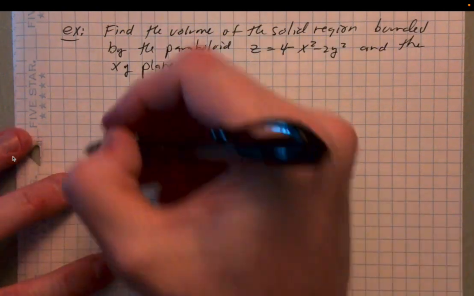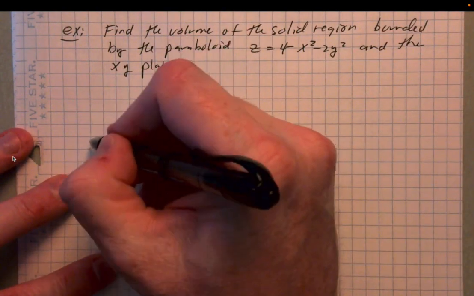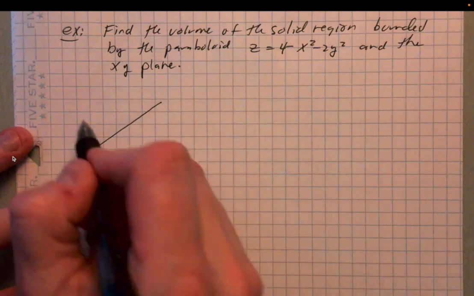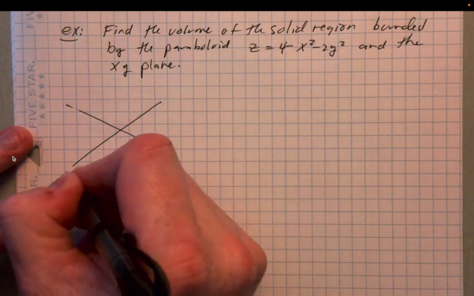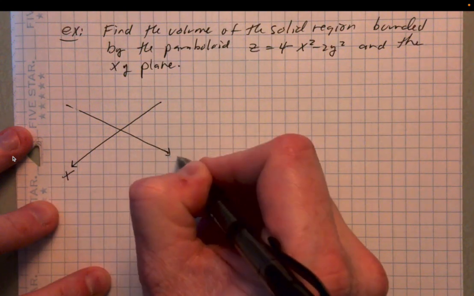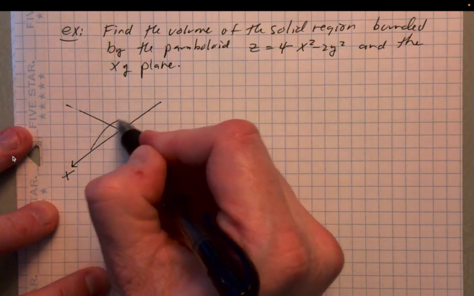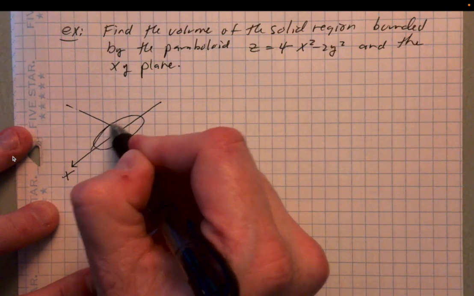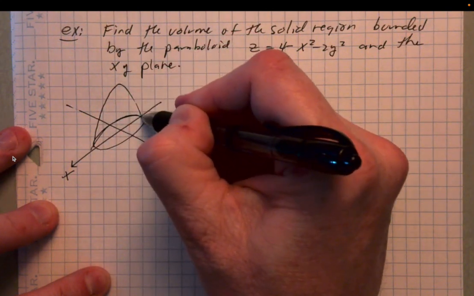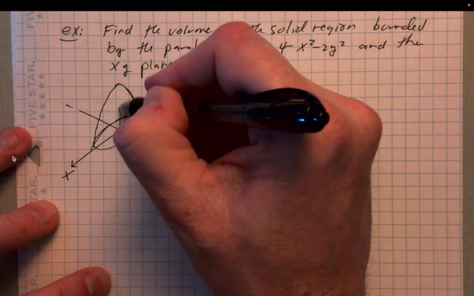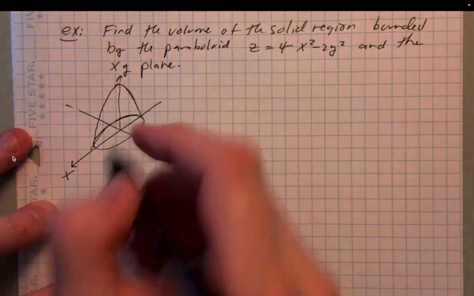So it's a paraboloid, and it kind of looks like this. Let me try to draw the xy plane first. So we'll say this is the xy plane. Here's x, here's your y-axis, and the paraboloid kind of lives above the xy plane, like so. It's actually not too bad.